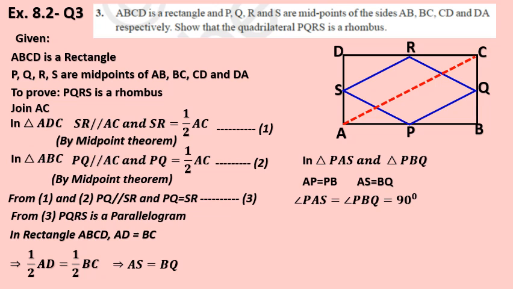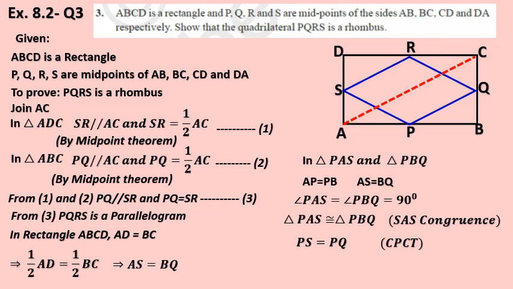So these two triangles are congruent. So PS equals PQ, corresponding parts of congruent triangles. So in the parallelogram PQRS, the adjacent sides are now equal. That means PQRS is a rhombus.